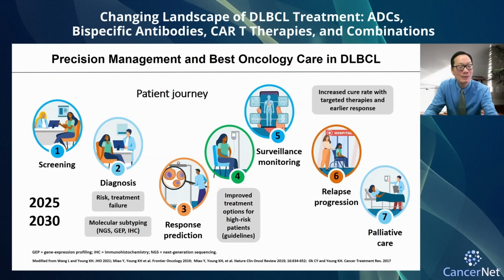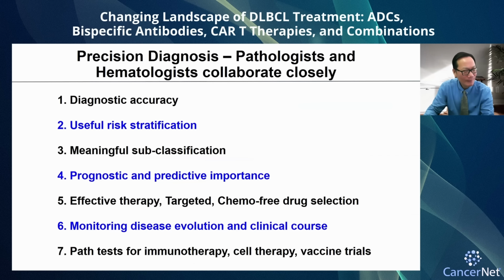So in my lecture, I would like to focus on the pathology part. Now we emphasize collaboration between pathology, clinicians, and hematologists to improve patient judgment, management, and the monitoring process.